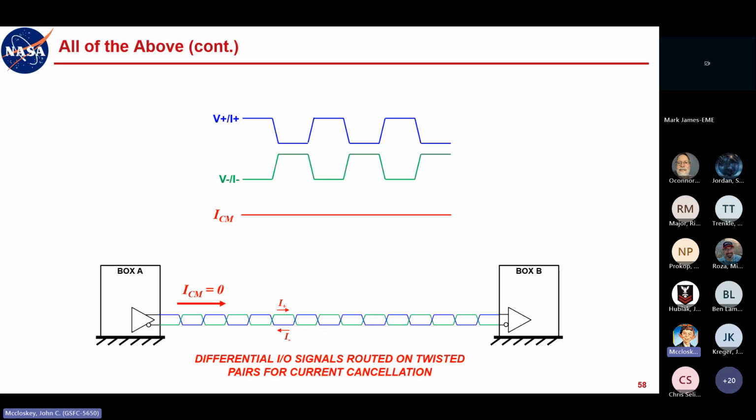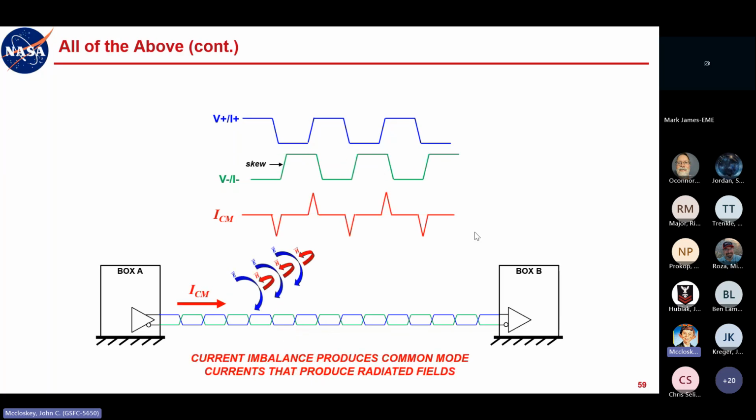No, more than likely there's going to be some skew between these edges. And this is just one factor of many, just to illustrate the point. If these edges are not perfectly lining up, which they may well not be, then at each one of these transitions you're going to get a little blip of common mode current.